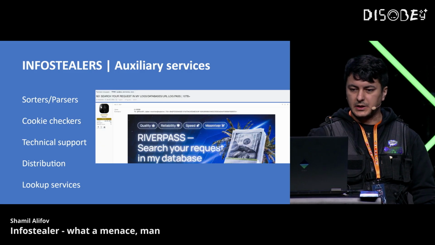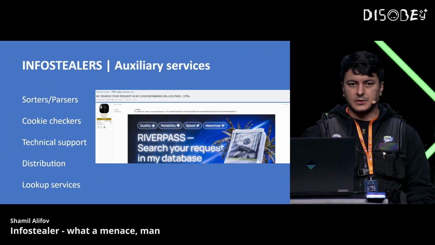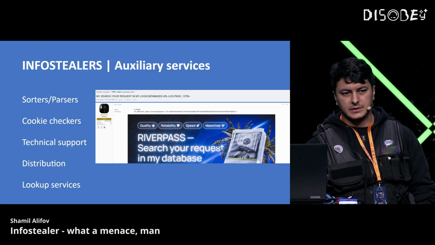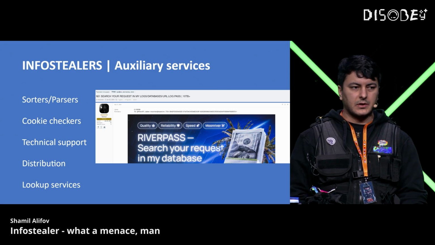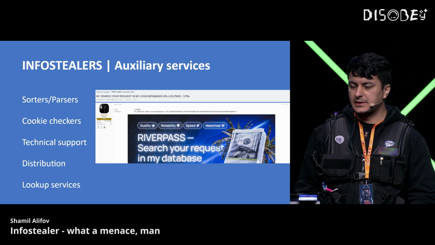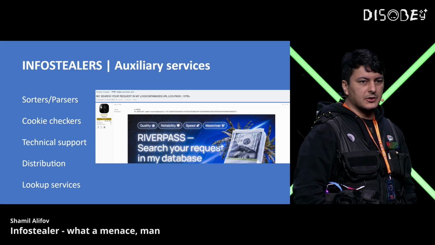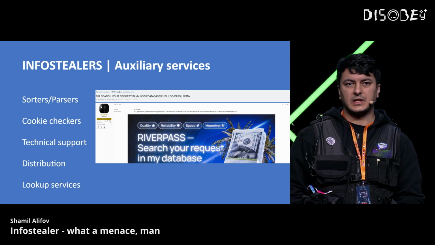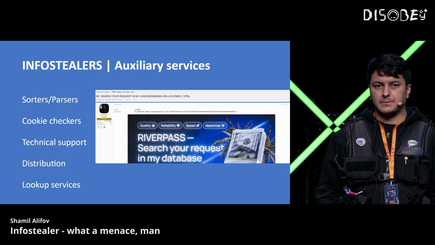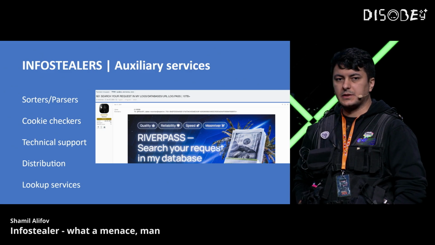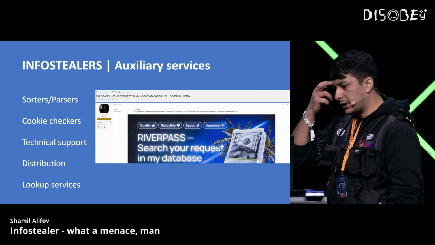Lookup services are big. There are always tons of offers on the forums or Telegram channels that say, pay us a bit and we will look up your stuff. So if you are interested in getting credentials or victim data from, let's say, everyone who is logging into governmental organizations, they will just check it and then send it back to you.